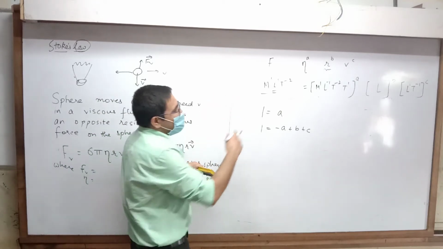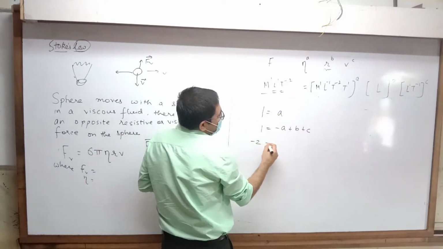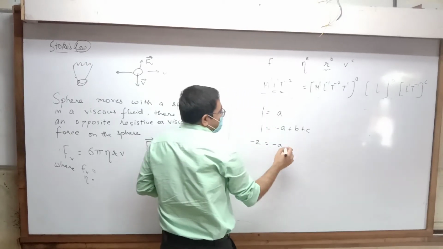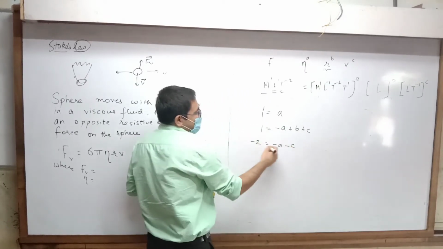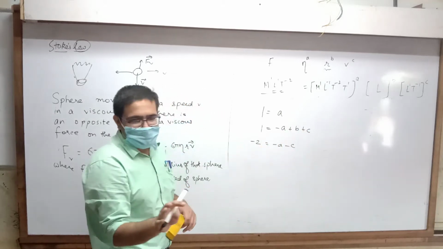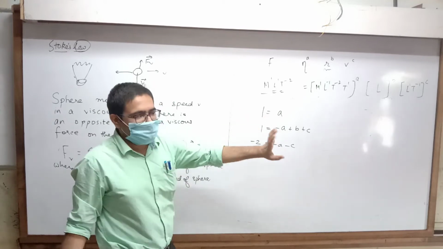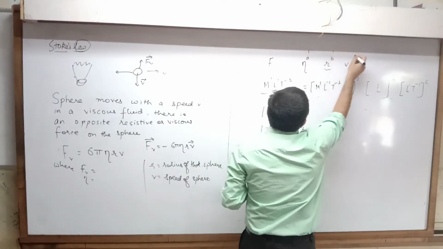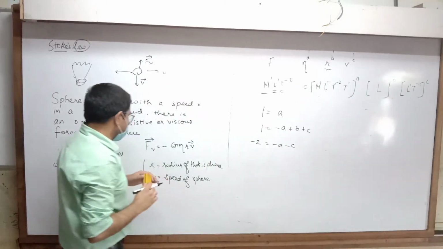Now just like that for T, minus 2 is equal to minus a, because this is ultimately minus, and then minus c. If you put the value of a you get c, and if you put the values of a and c you get b. If you do it like this, ultimately you get a is 1, b is 1 and c is also 1.